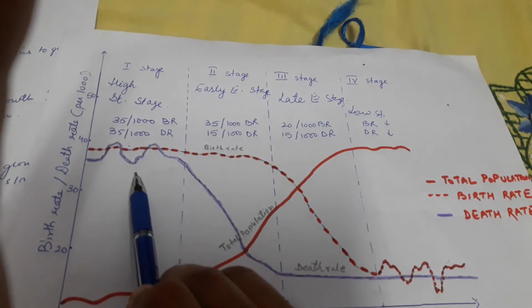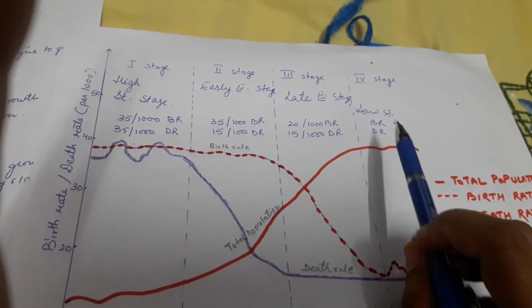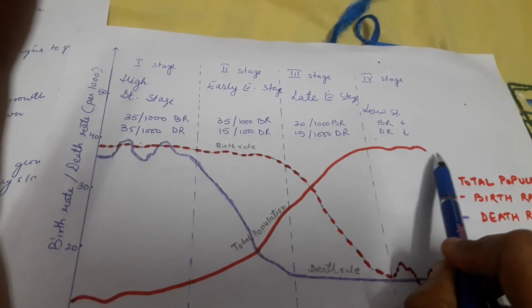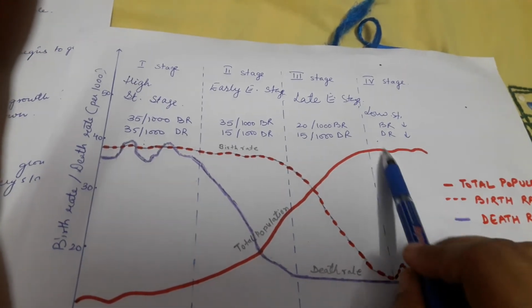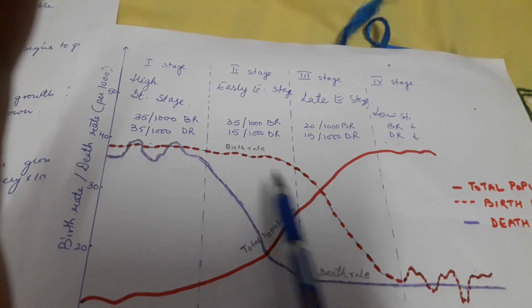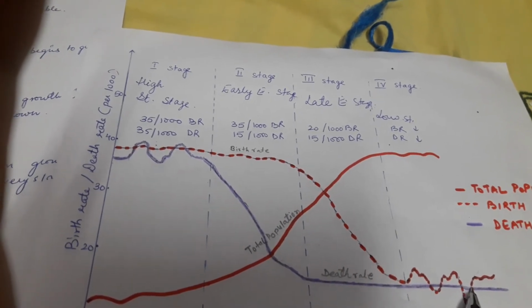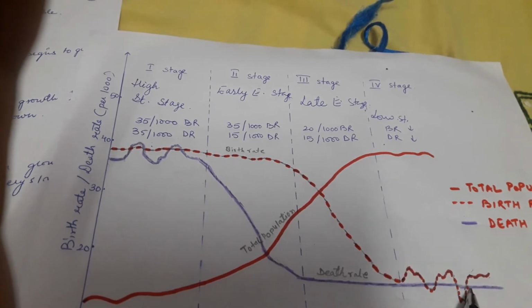in the first stage and in the last stage the birth rate and death rate are becoming stable. How are they becoming stable? We can see now the birth rate and death rate, both of them are decreasing.